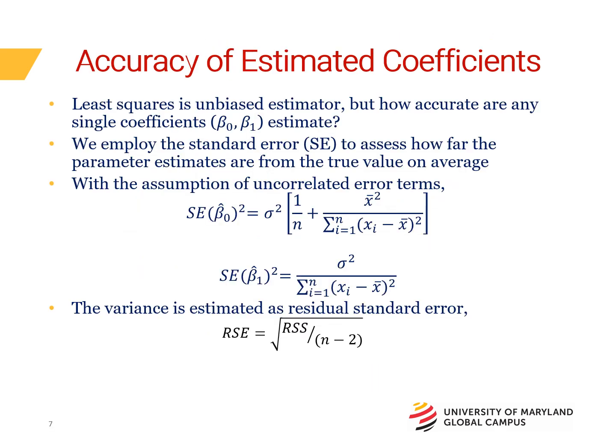So how accurate is our estimation? Regardless of what technique you use for estimating the parameters, how accurate the estimation is is also a very important part of linear regression estimation in general. By the way, least square is an unbiased estimator, which means if you take multiple samples from the same domain and fit multiple regression models, and take the average of those, they converge to the population regression line.